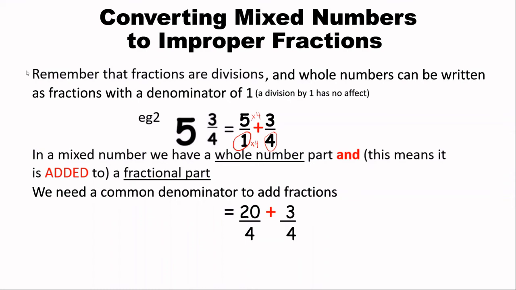It's just the numerators that we add together. So 20 plus 3 is 23. There's my top-heavy fraction. 5 3/4 is the same thing as 23/4. If you want to check that, you can always try and convert that top-heavy fraction back into a mixed number as we did previously.